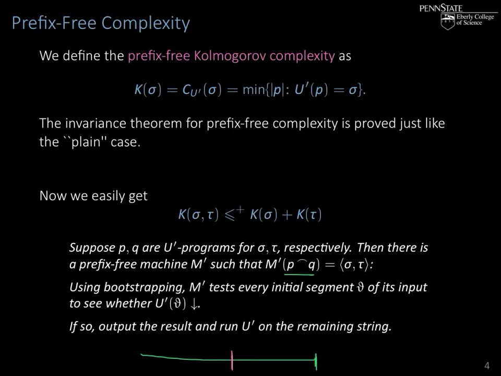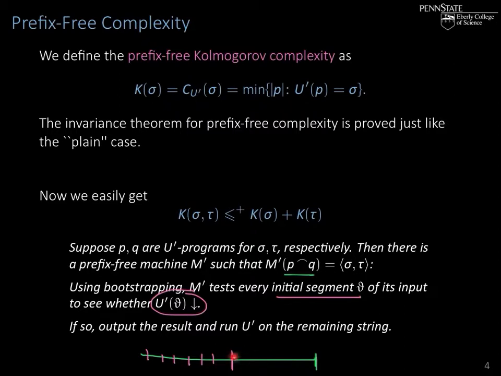Using bootstrapping, it runs simultaneously on all possible initial segments, running one step at a time for each of those inputs. It tests every initial segment theta of its input to see whether the universal machine on this input converges. But U prime is a prefix-free machine, so it can converge on at most one of those inputs, if it does converge at all.